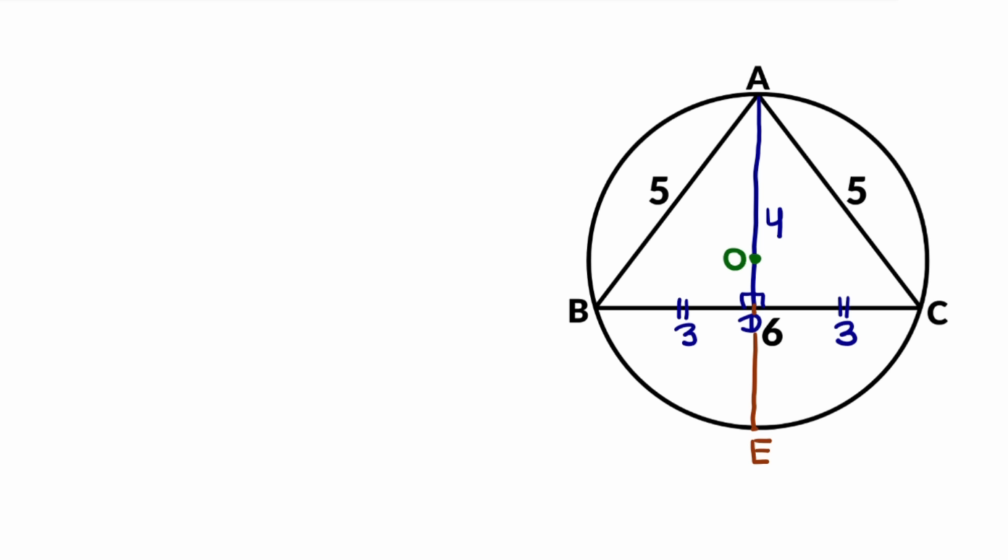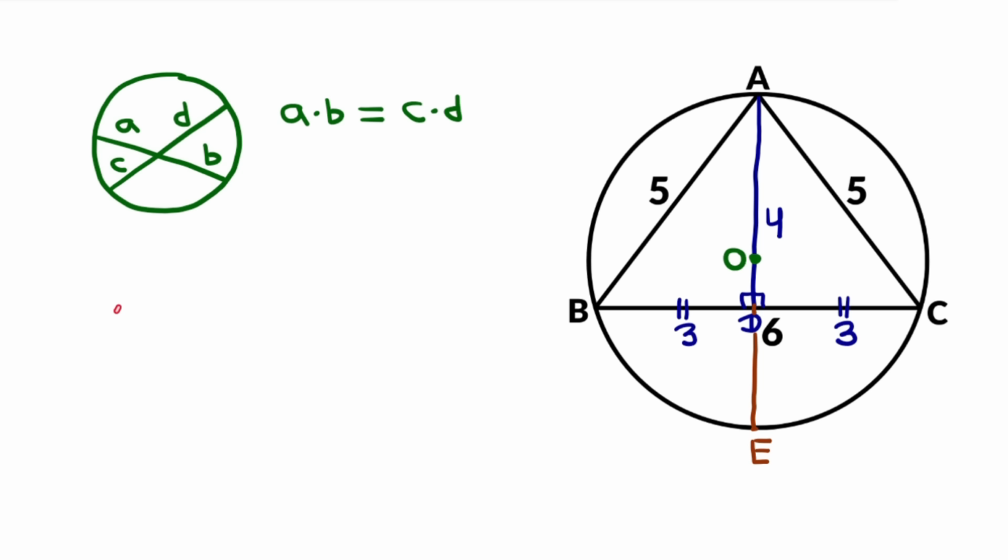To do that, we need the length of the small segment, DE. And this is where the intersecting chords theorem comes in. The theorem says, when 2 chords intersect inside a circle, the product of the 2 segments of one chord equals the product of the 2 segments of the other chord.